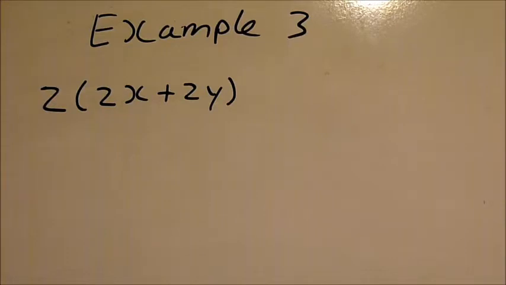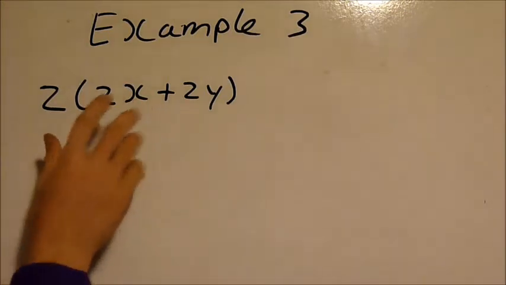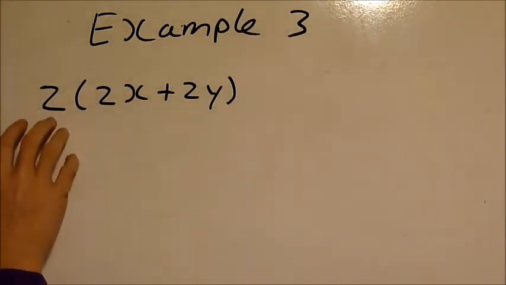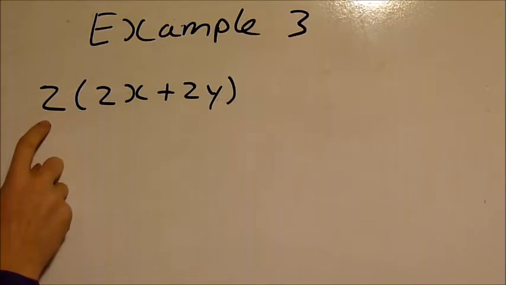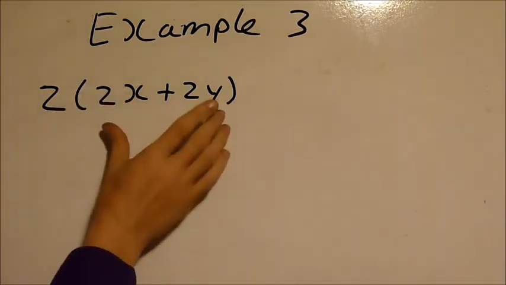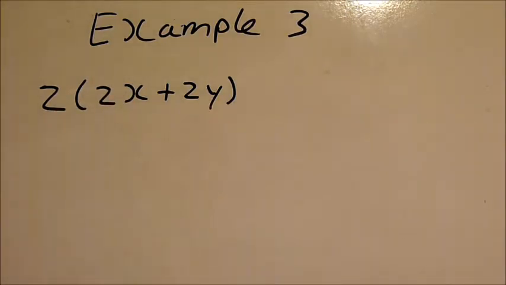Okay, example 3 is harder still. Okay, so it's actually getting to be quite a complicated question. But the principle is still exactly the same. We're going to multiply everything that's outside the bracket, so in this case it's the 2, by everything that's inside the brackets.